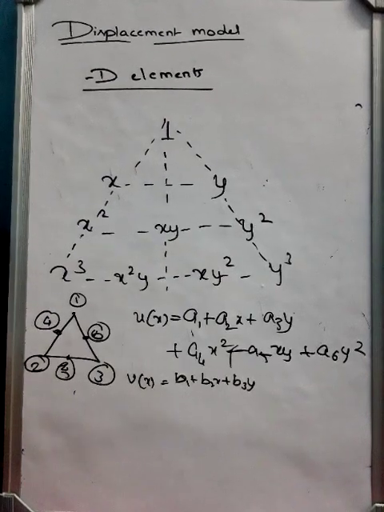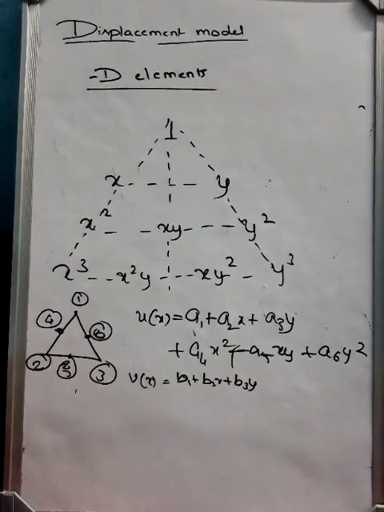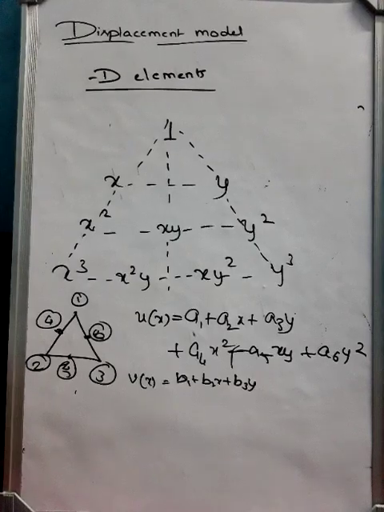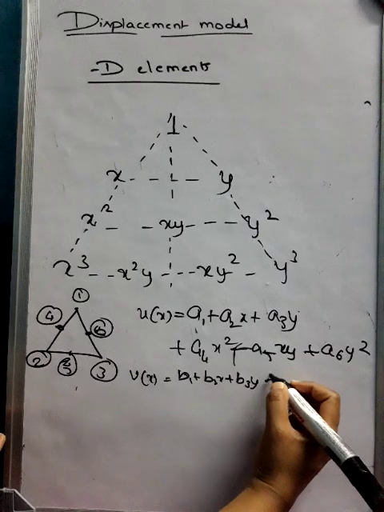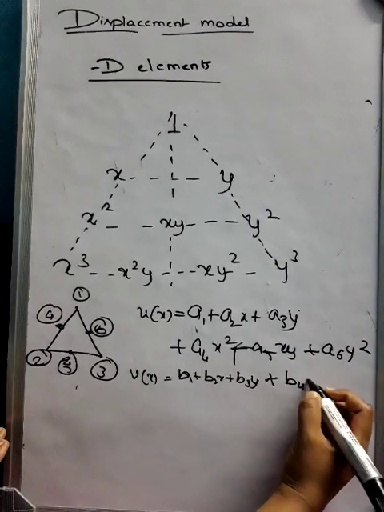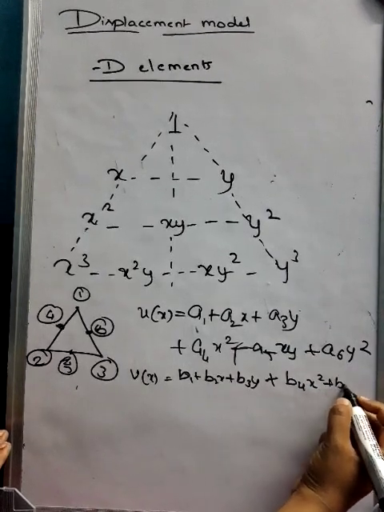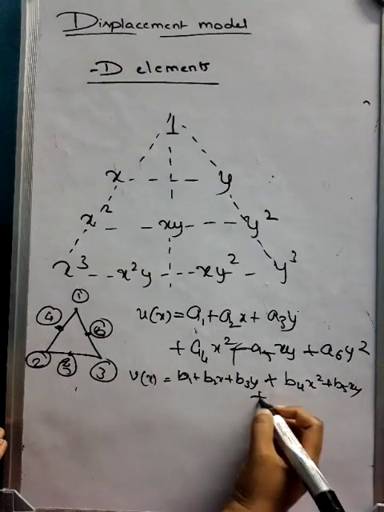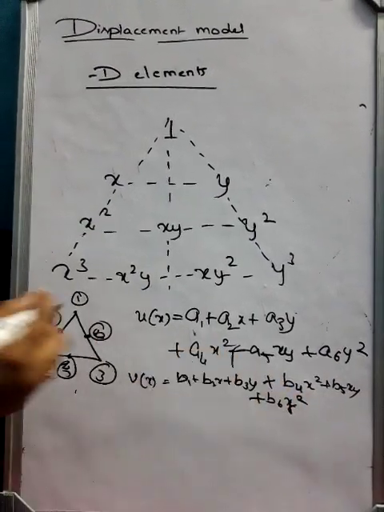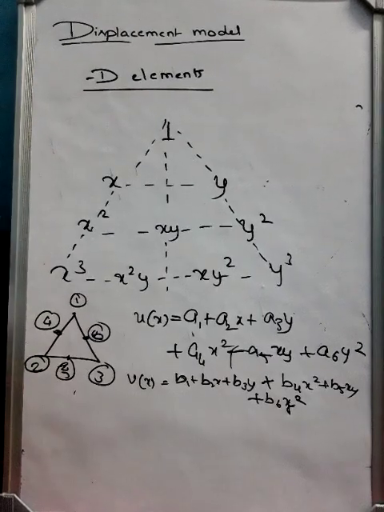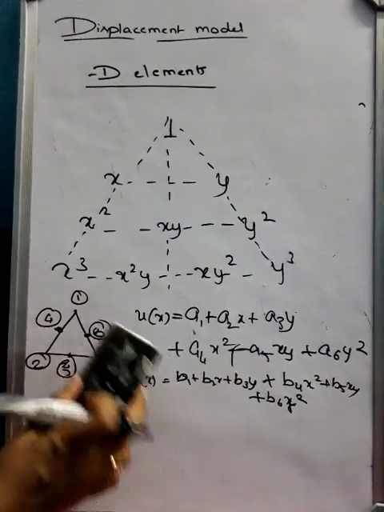And for v, I will be considering the generalized coordinates as b1, b2, b3, which is nothing but a constant, then b4 into x square, b5 into xy and b6 into y square. So this is how we are going to write the equation for a triangle.